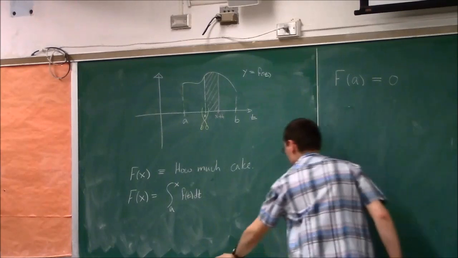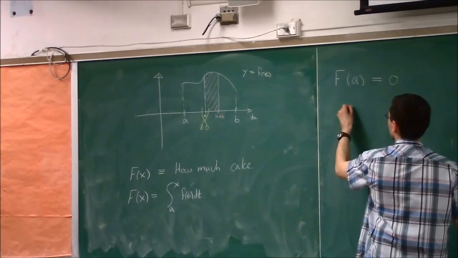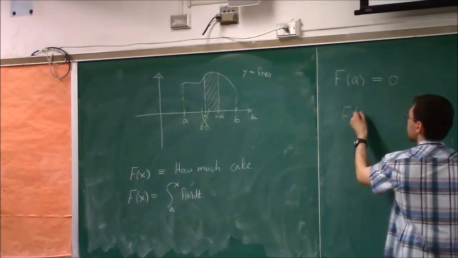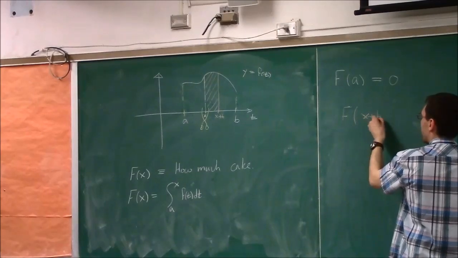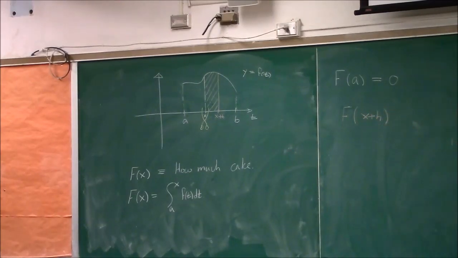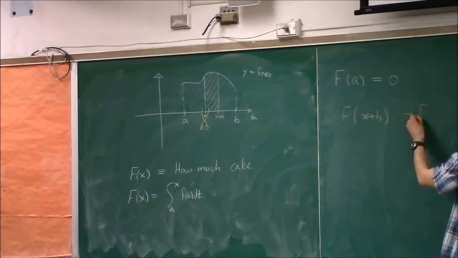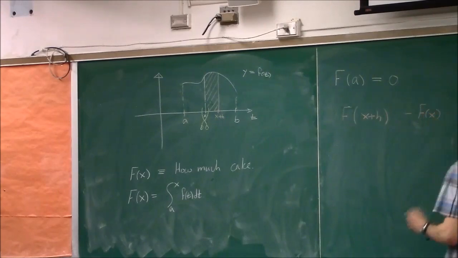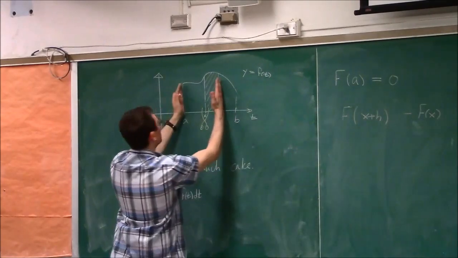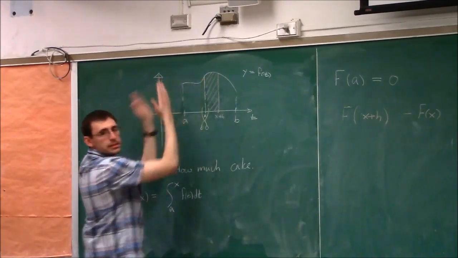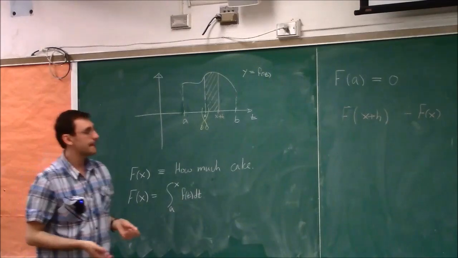I'll put it in red so you see. So what I do is f of x plus h minus f of x. Now you have it. So it means give me this cut minus this cut. That's it. You have it. Okay?